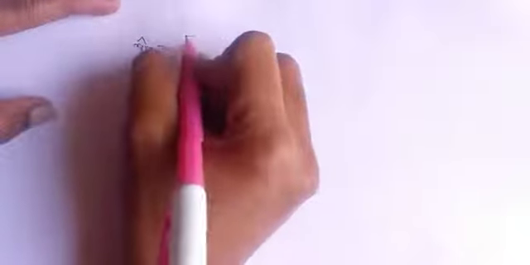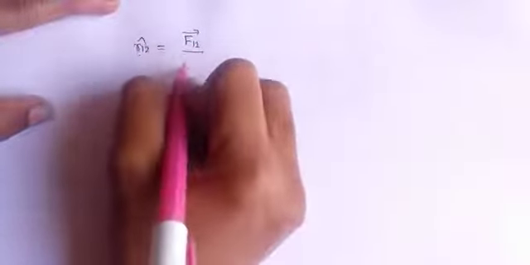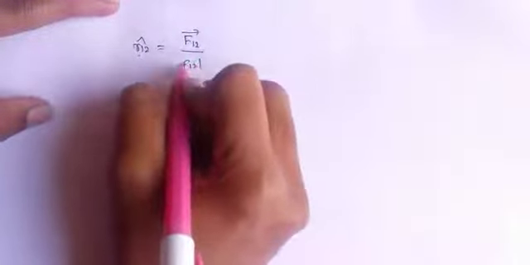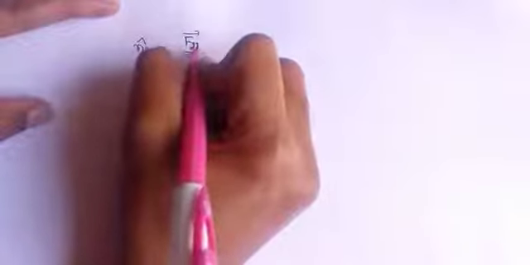So that must be, as the unit vector is equal to 1, if we multiply it with the F12 vector, it can be written as the magnitude of F12 or F21. So here we are applying the force on the second charge due to the first one, so we have to take F21.